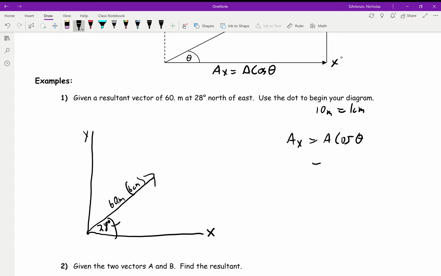So to find the x component of force A, we know that that was 60 meters at an angle of 28 degrees. That's our x component.